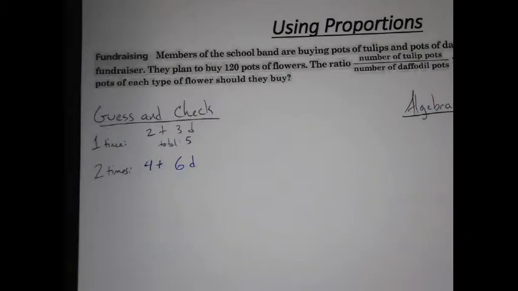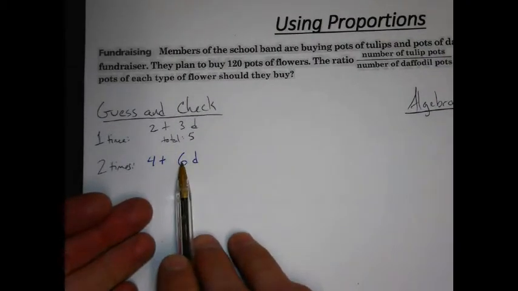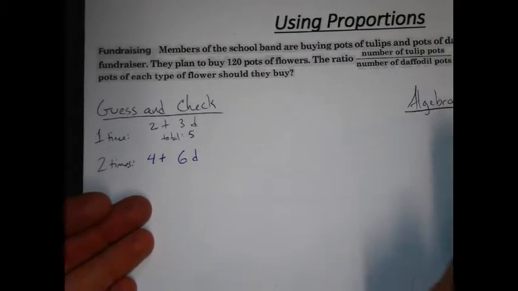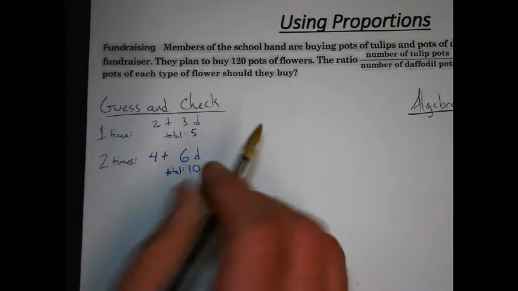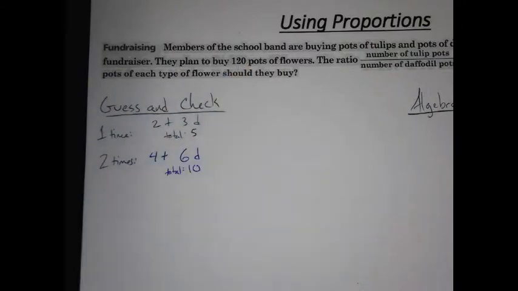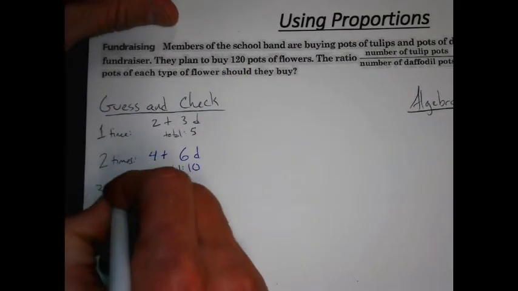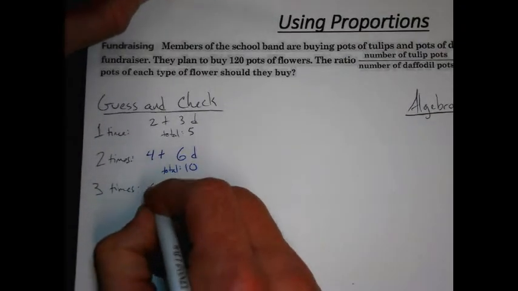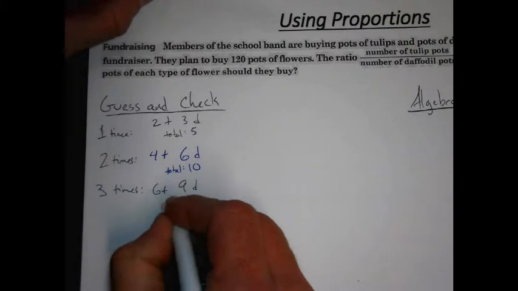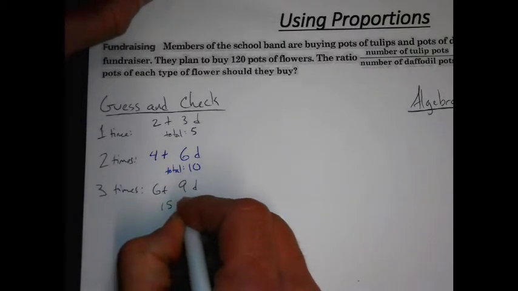So we would go from 4 tulip pots and 6 daffodil pots to keep the ratio of 2 to 3 the same, but that would give us a total of 10. And that can't be because the total is 120. Now you can keep doing this. Okay, so let's go 3 times, right? What's going to happen? Well, 3 times 2 is 6, and then 3 times 3 is 9. That's 15 total. That ain't it, right?